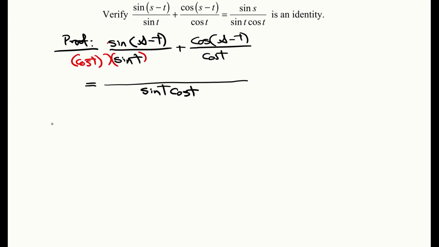And we'll have to do the same on the top. And for the second denominator, we'll have to multiply it by sine t. So we'll do the same on the top.